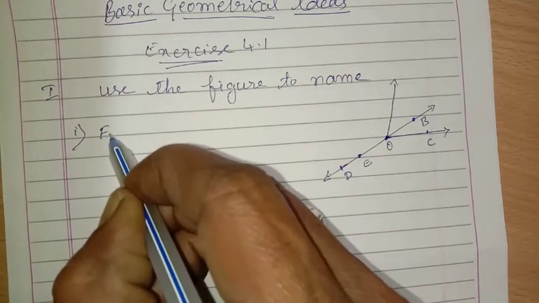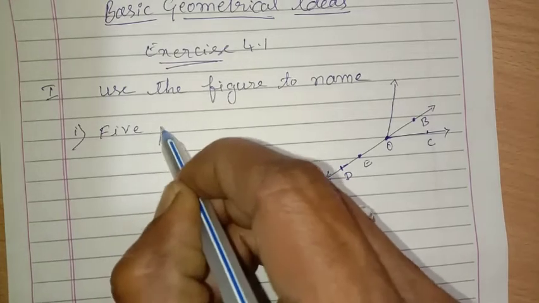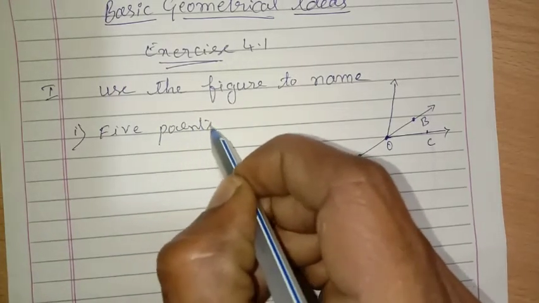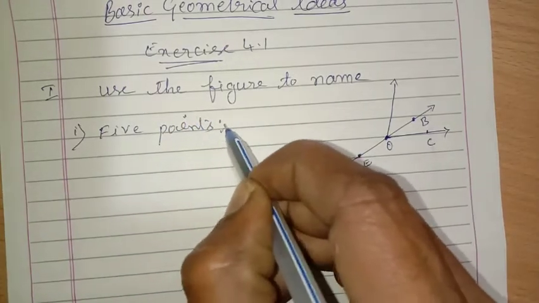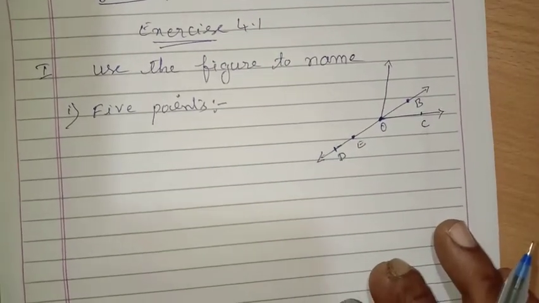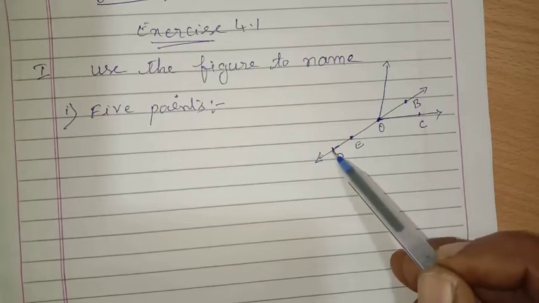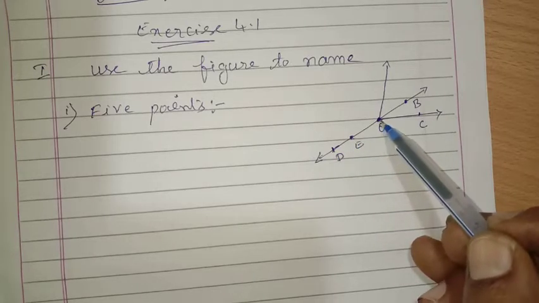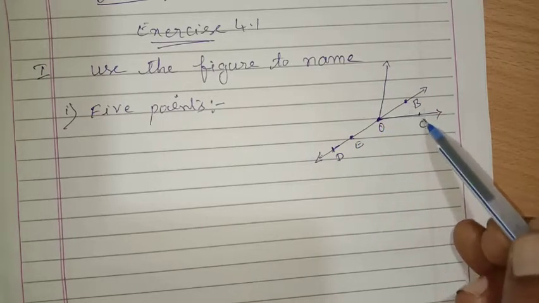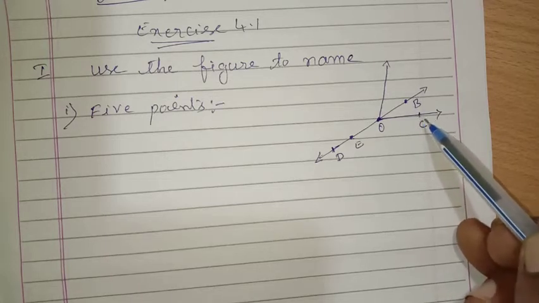Name the 5 points. Each point is called a single point. So 1 point, 2 points, 3 points, 4 points, and then 5 points.